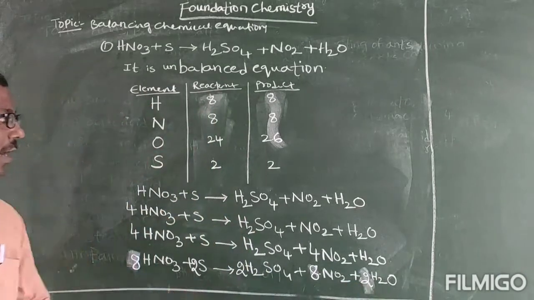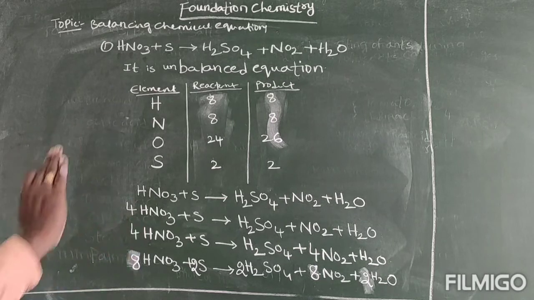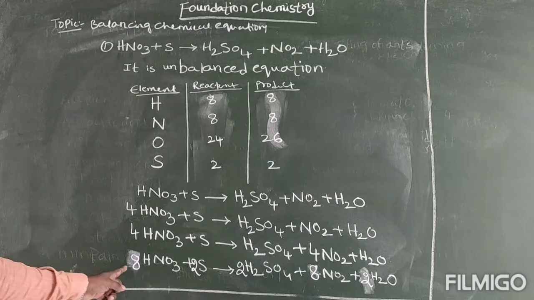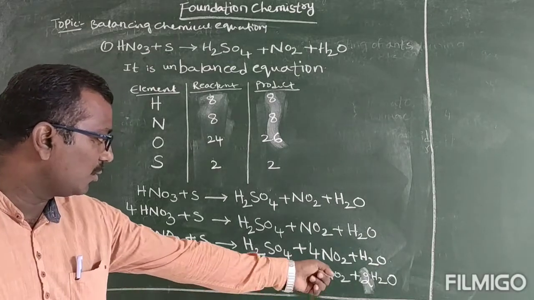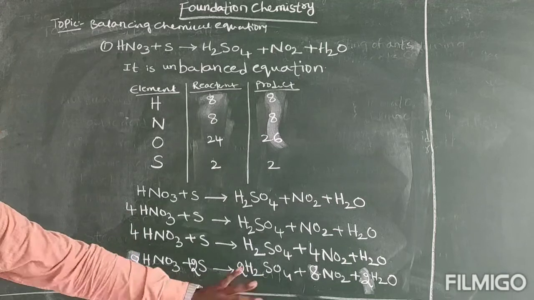Then what to do? How can we balance this? Still any more chances? All I have got are even numbers. Next what I have to do? Again you cross check. 8 hydrogens here, 2 2s are 4, 2 2s are 4, 8 we got it. Okay. Then next what I have to do?